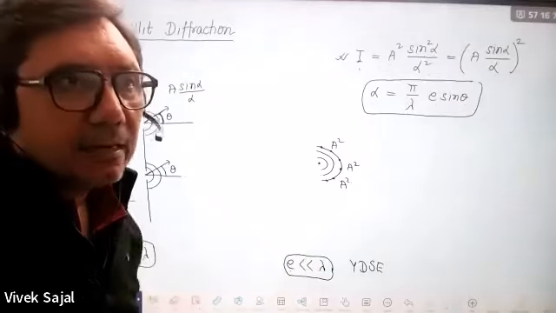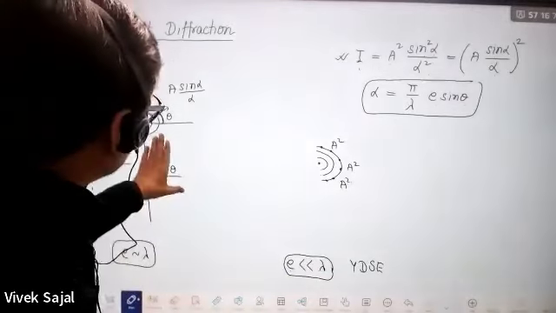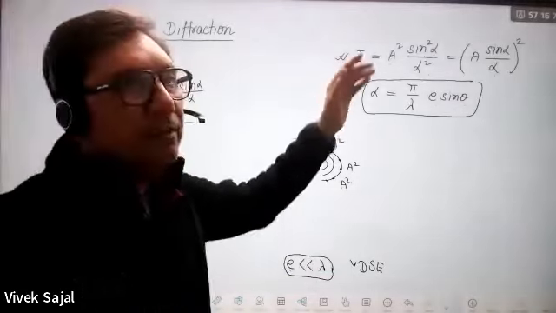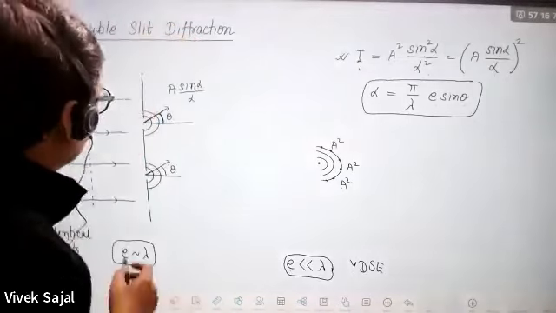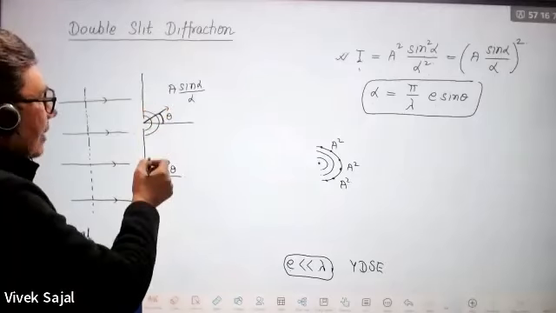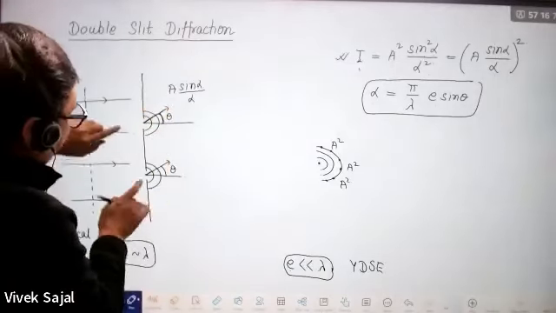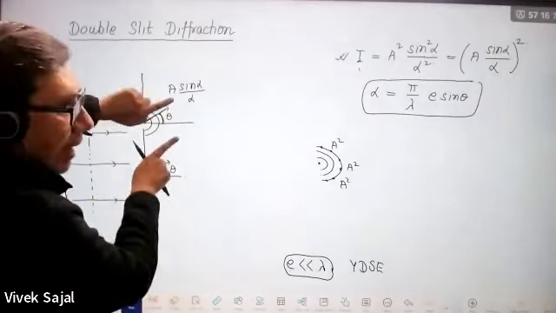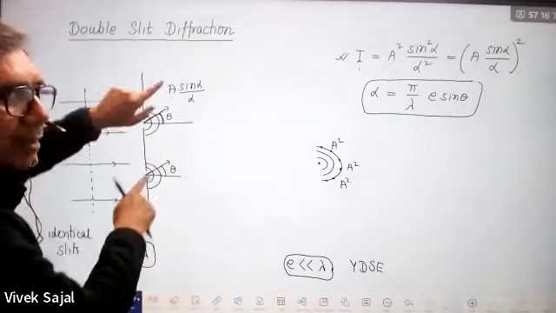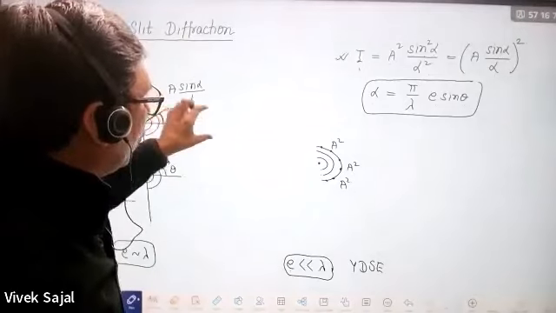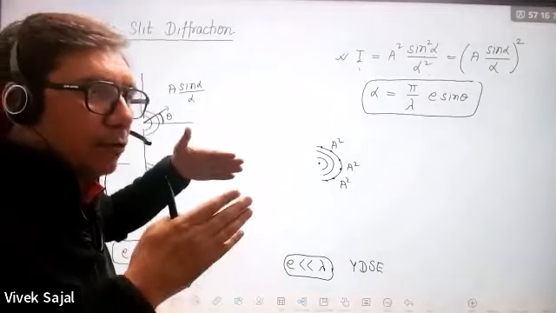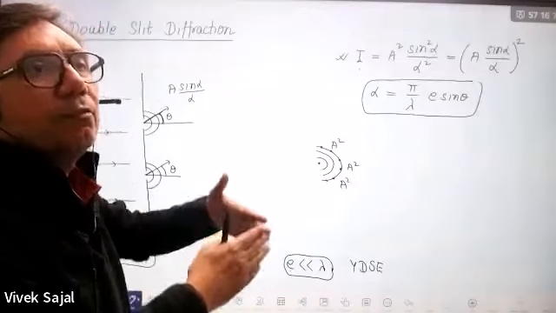We can sort out this problem, since we are not going to infinity. This problem can be overcome if you place a convex lens here. The parallel light propagating after passing through the convex lens will focus at the same point in the focal plane.